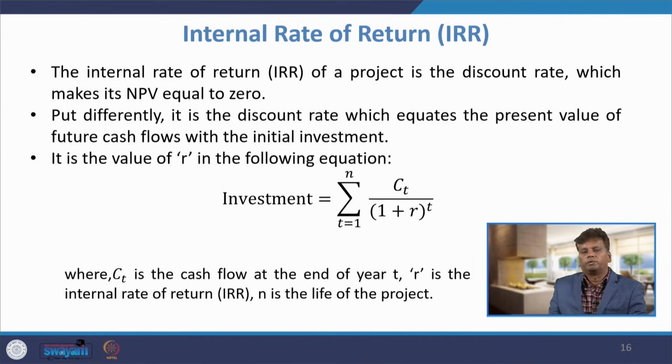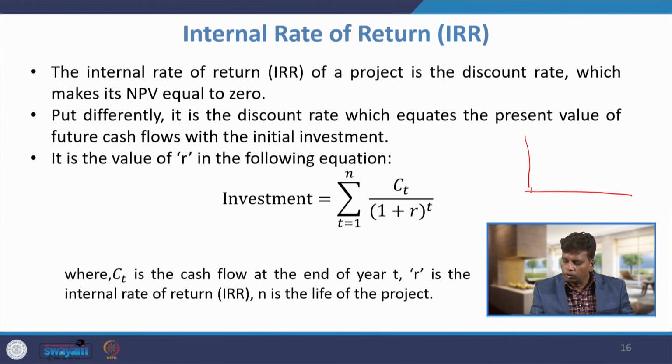The third example which I am going to discuss now is the internal rate of return. See, there is a close connection between NPV and internal rate of return. You remember the NPV formula. Here the x axis is the interest rate and the y axis is NPV. What will happen? It will go like this.